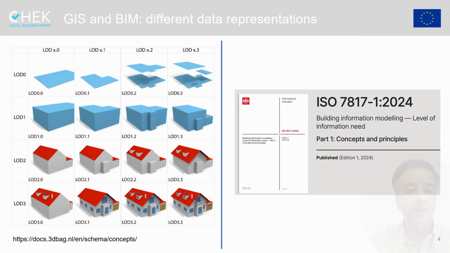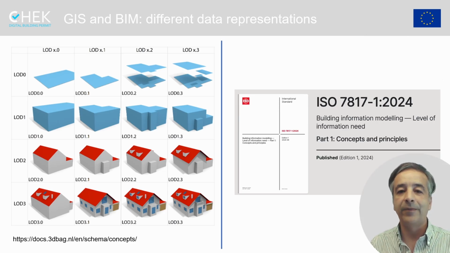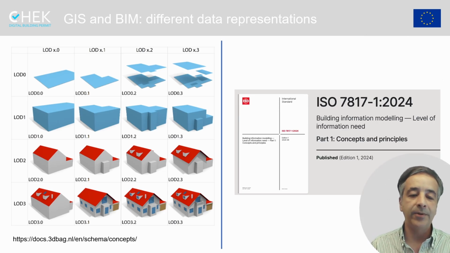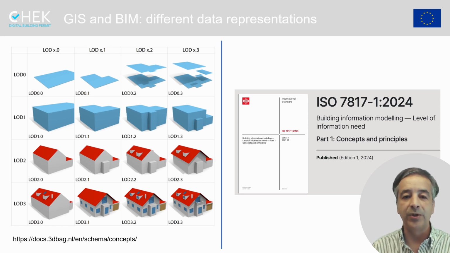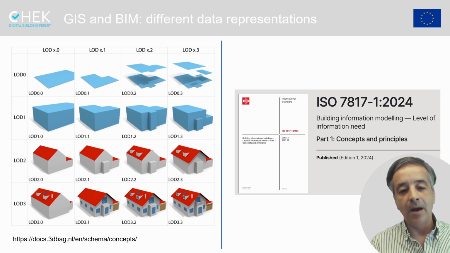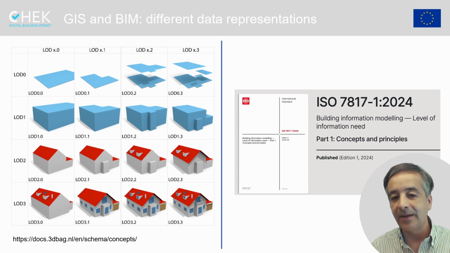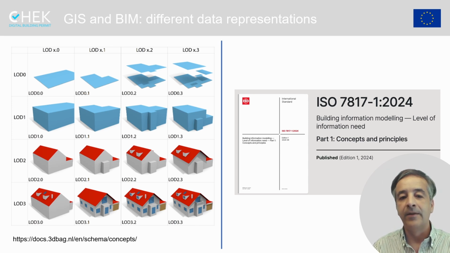So let's start with the fact that we have different types of representations of data, which also can be scaled in different ways in terms of the quantity and quality of information they contain. The models in GIS are represented on the left-hand side with the LOD approach, which will tell us according to a scale how much information I can expect, at least of the graphical part, from the GIS model.